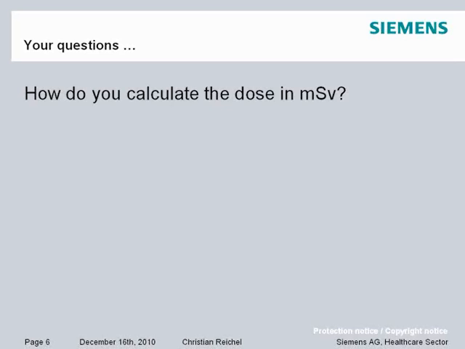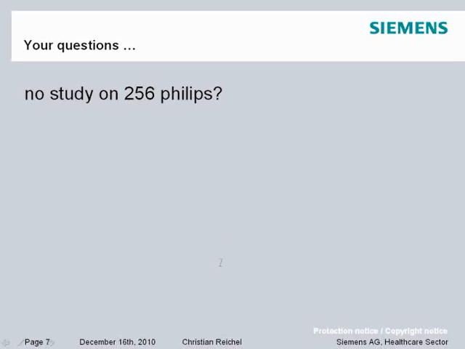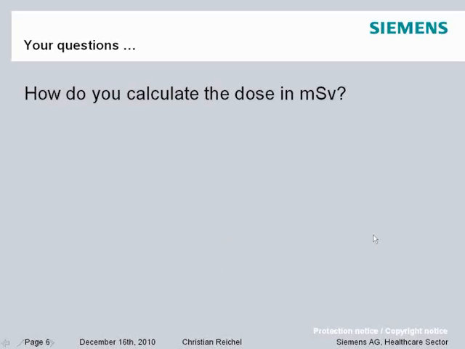Next question is, how do you calculate the dose in millisieverts? The scanner will give you a dose length product, DLP. And the dose length product can be converted to effective dose in millisieverts by using a factor. And most commonly at the moment, we use a conversion factor of 0.014, so that a DLP of 100 will correspond to 1.4 millisieverts.